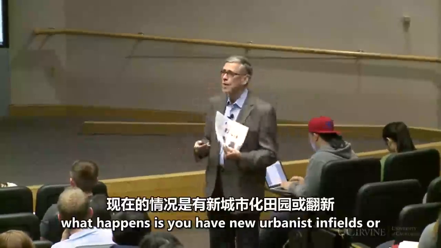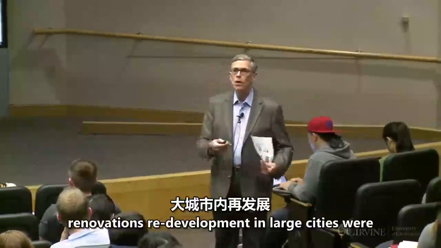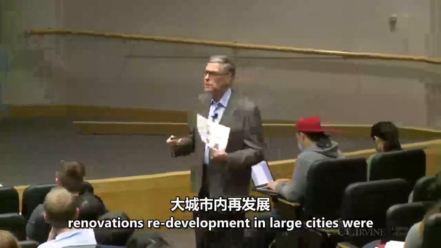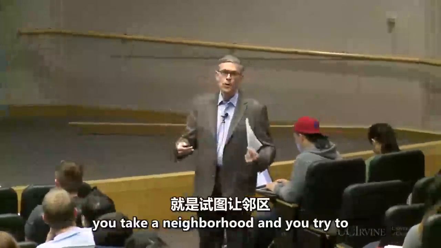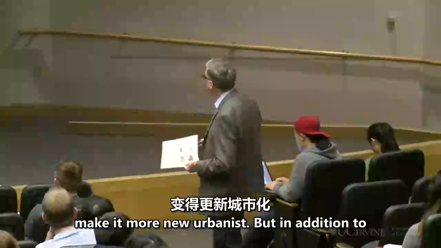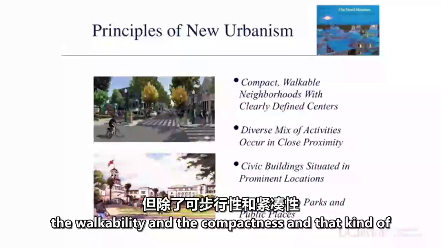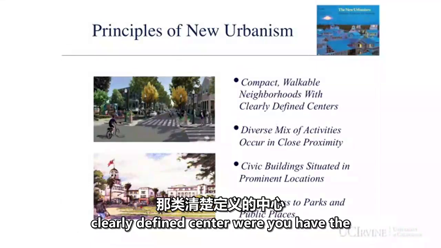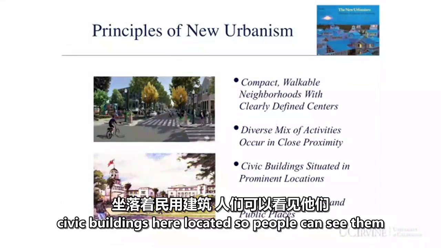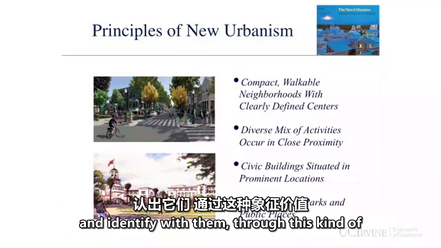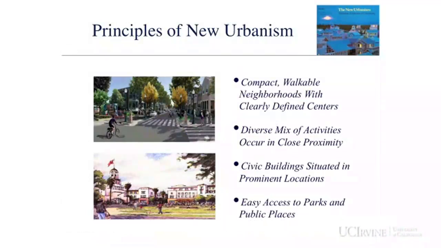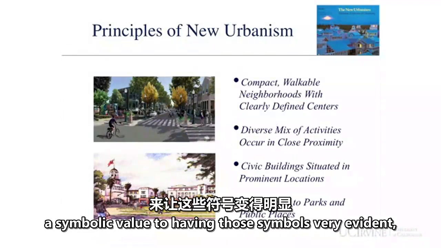So what happens is you have new urbanist infills or renovations, redevelopment in large cities where you take a neighborhood and you try to make it more new urbanist. But in addition to the walkability and the compactness and the kind of clearly defined center where you have the civic buildings located so people can see them and identify with them, there's kind of a symbolic value to having those symbols very evident.